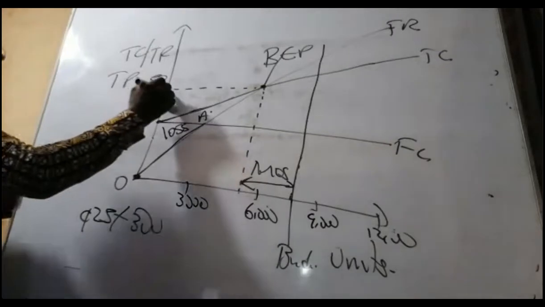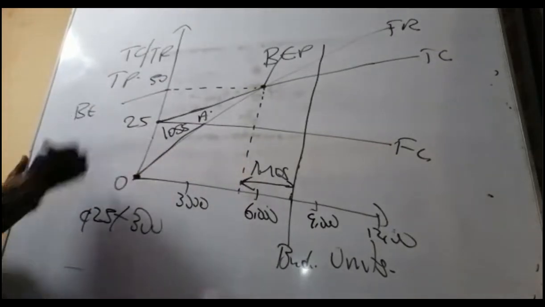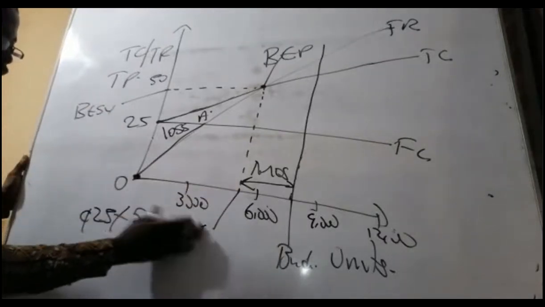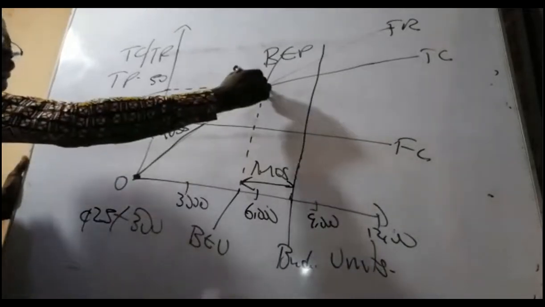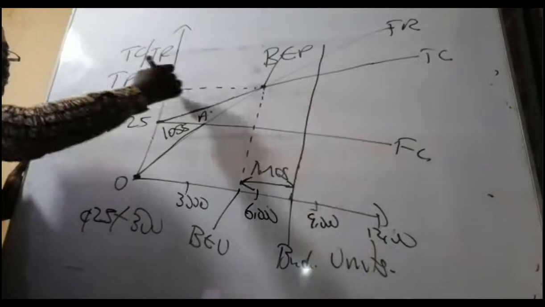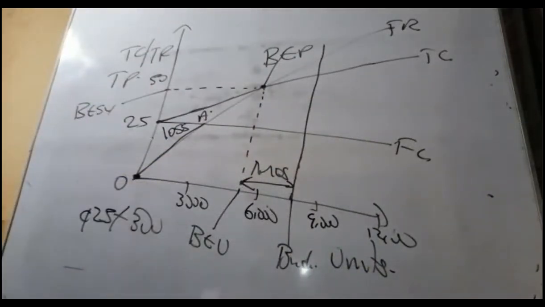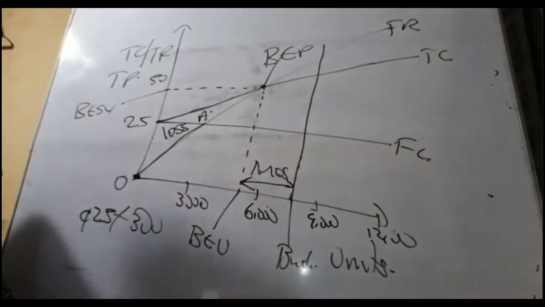Now this figure is called break-even sales value. This is the break-even units, and this is the break-even point. At the point there must be a value and there must be a unit. So next time when the examiner asks you what is the break-even point, they're asking for two items: the unit and then the value.